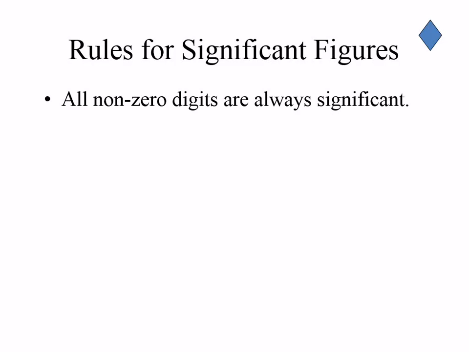An example is 1.396 centimeters. I use check marks to say it's significant. According to rule number 1, 1, 2, 3, 4, I have 4 significant figures.